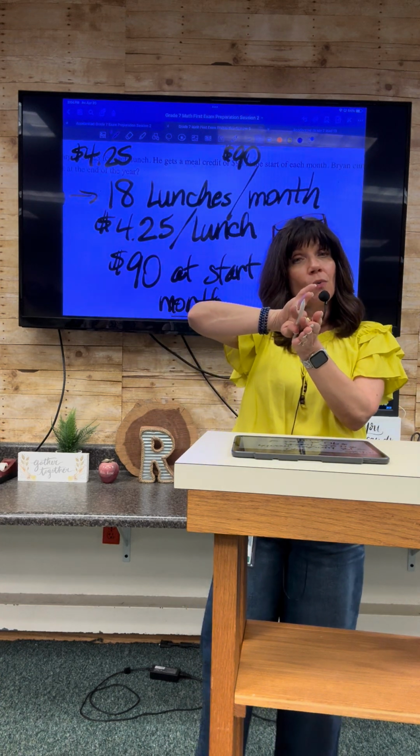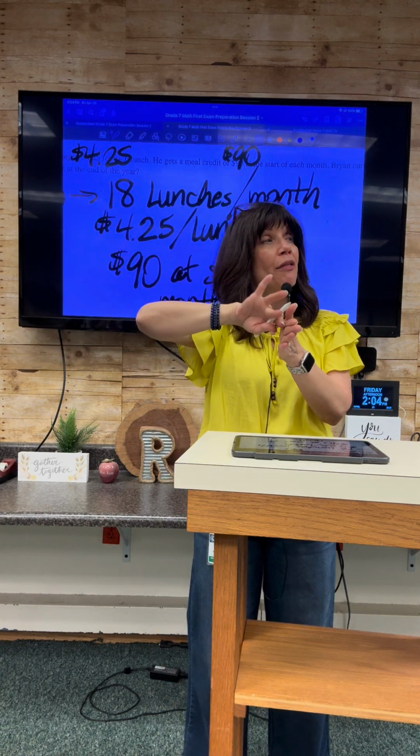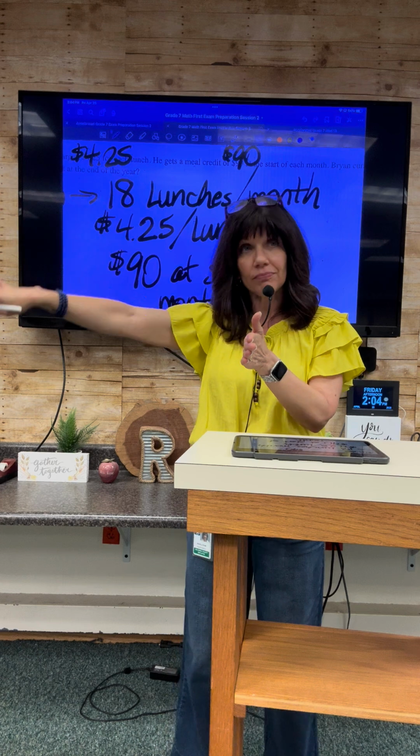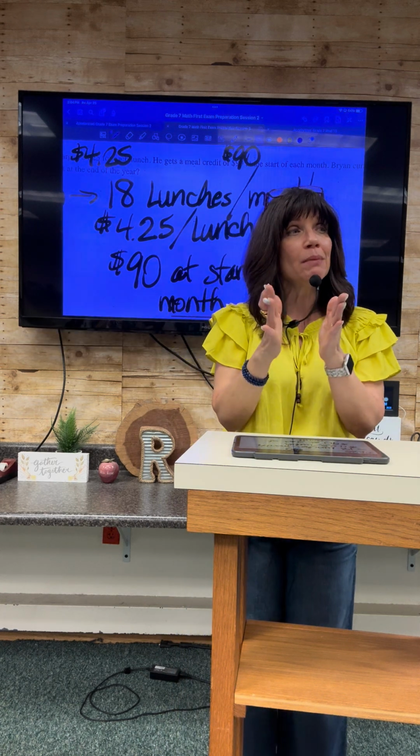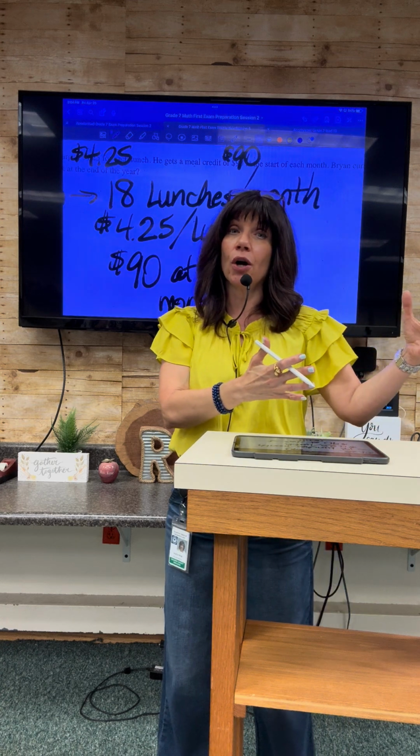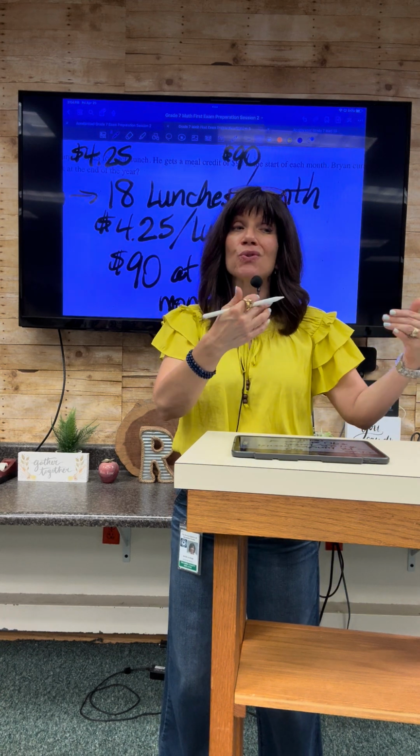So that money is going where? Out of his account. So you will be what that amount from his account? Subtracting. So then at the end of 3 months, they want to know how much money is where?